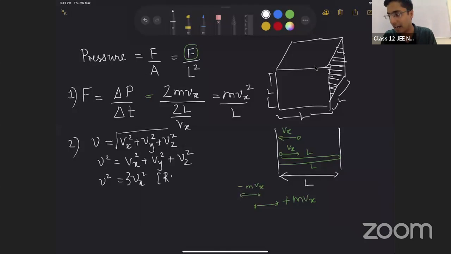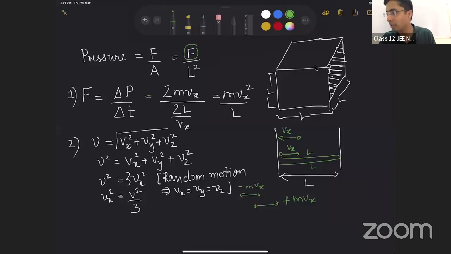Why? Because of random motion, Vx has the same chance as Vy has the same chance as Vz. We can assume that. This is not true. Again, remember, don't get confused about how sir can say that Vx is Vy is Vz. This is a conclusion we use because of kinetic theory assumptions. Now, if V square is 3Vx square, we can say that Vx square is V square by 3.